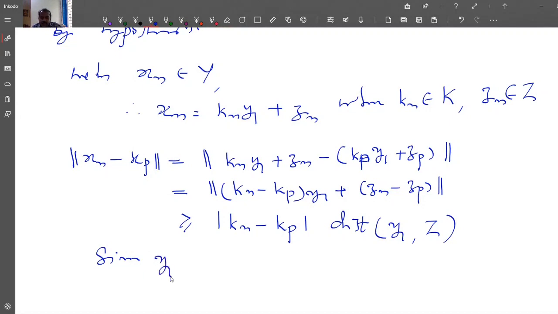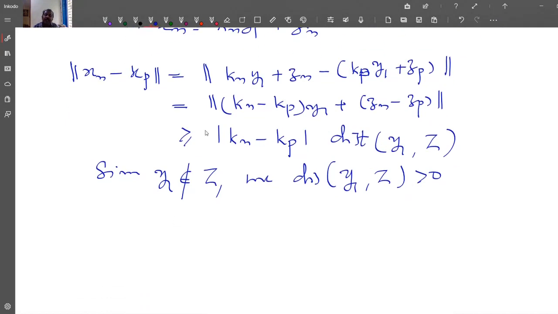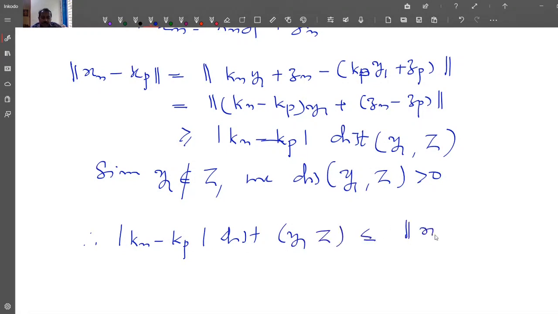Since y1 does not belong to Z, we have the distance between y1 and Z is greater than 0, because Z is the span of y2, y3, etc., ym. Therefore y1 is not in Z. Therefore we have modulus of k_n minus k_p times the distance between y1 and Z is less than or equal to the norm of x_n minus x_p.